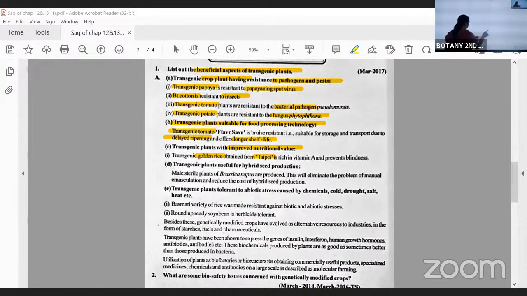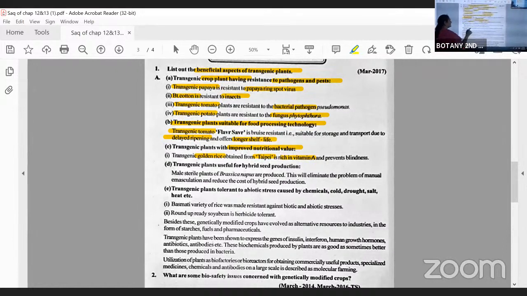So the same thing we are saying here. The transgenic rice variety, which has more vitamin A. It is a golden rice, which is rich in vitamin A and prevents blindness.